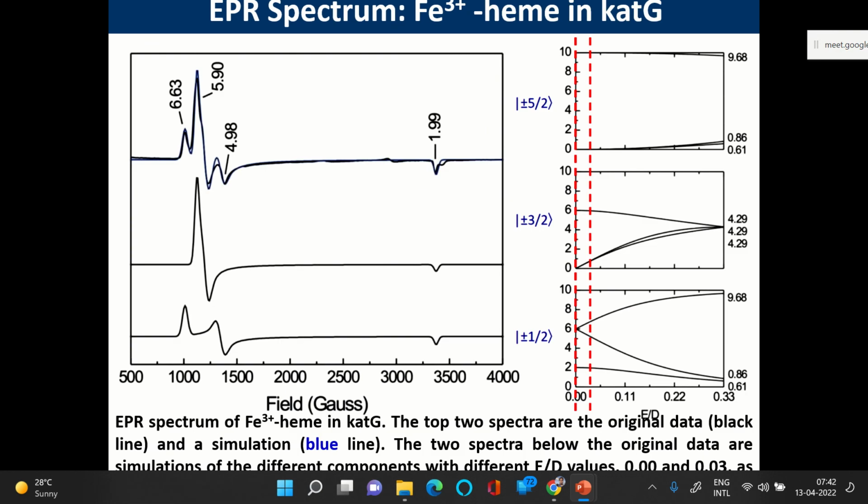Okay, and similar thing sometimes, this is a rather complicated spectrum for Fe3 plus in catalase peroxidase CatG enzyme, but anyway, here it is a combination of two.